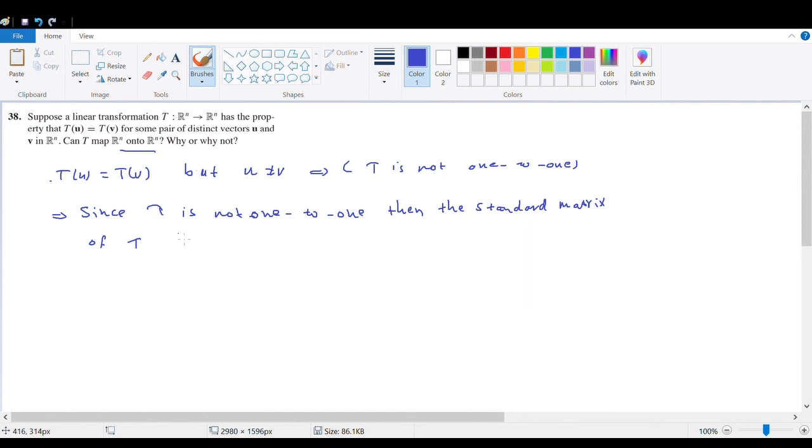So the standard matrix, let us write it here: the standard matrix A of T has linearly dependent columns.